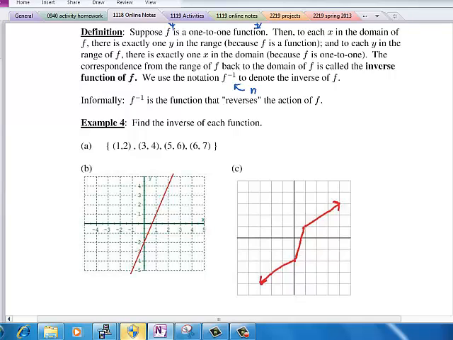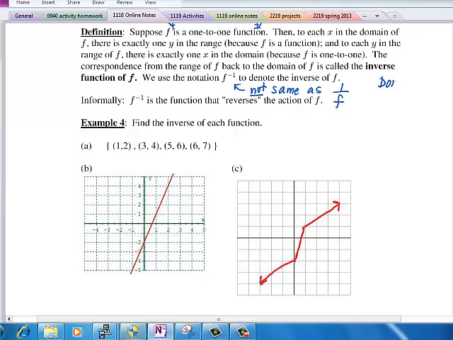This is not the same as the reciprocal. So we need to know from the context that we're talking about f inverse, not the reciprocal of f. They're different things. So like I said, informally, f inverse is the function that reverses the action of f.